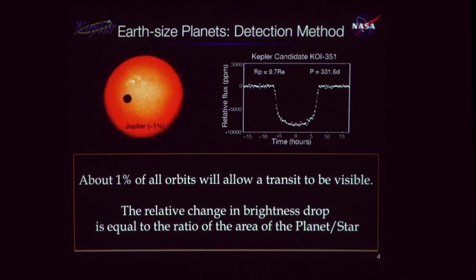Jupiter is about 1% the size of the sun, so the dip in the light is actually 1%. It's a direct measure of the size of the object. If you know the size of the star, which we can figure out by looking at that particular star and knowing what kind of star it is, you can figure out the size of the planet itself.